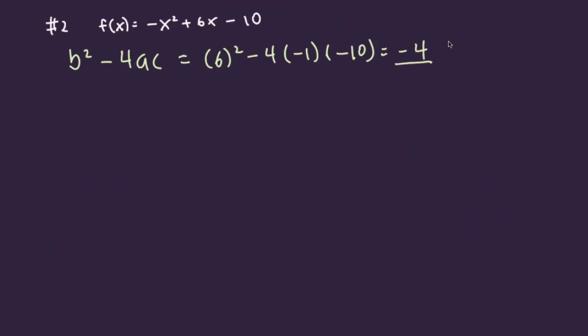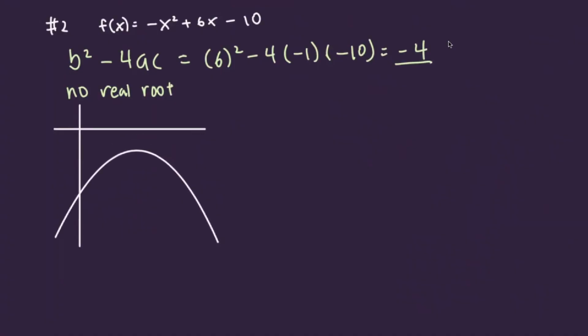Since our discriminant is negative, that means that there is no real root. So our graph will look something like this. Now this is an upside down U because our x squared is negative.